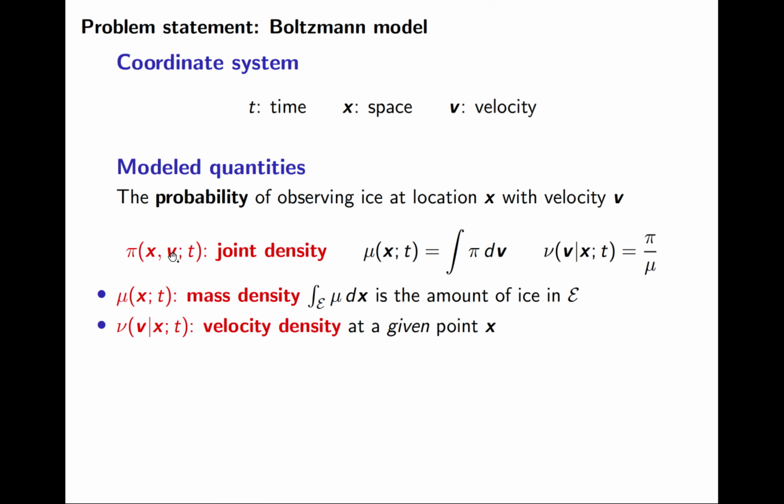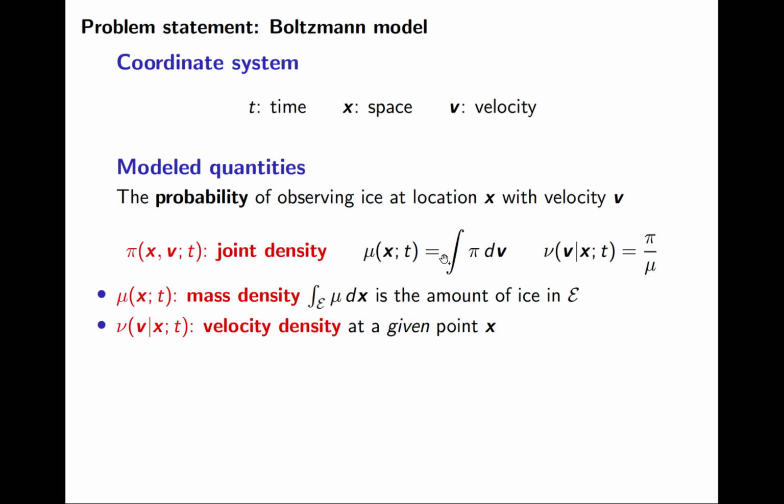And in addition to this joint density over the full space, we're going to define two other densities. The first is the marginal density, mu here, and we're going to call it the mass density. To derive the mass density, we're just going to marginalize out the velocity coordinates, we're just going to integrate over the velocity coordinate.